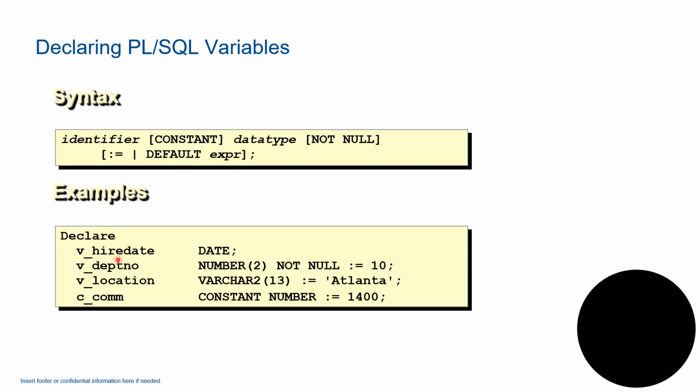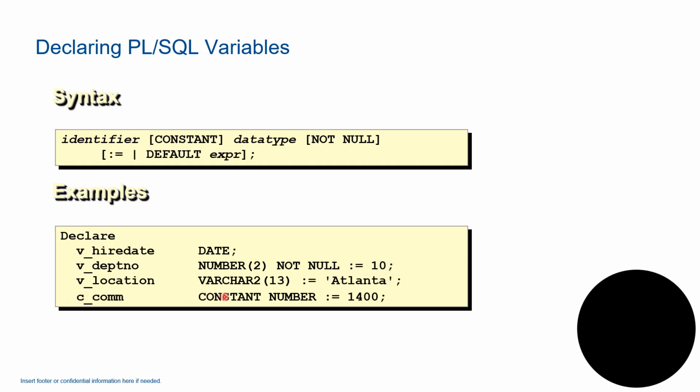You can see v_hire_date is of date type, so it will always store a value that is a date, like today's date. v_department_number is of number type, not null, so it should never be null, and its default value is assigned as 10. So the department number will always have a value of 10.